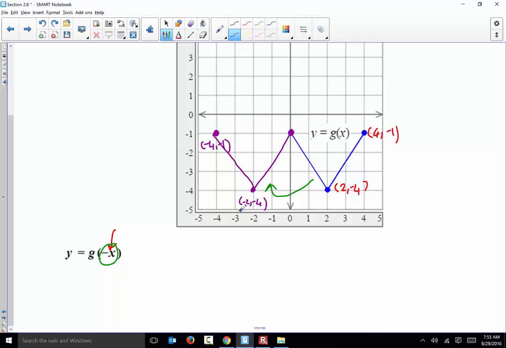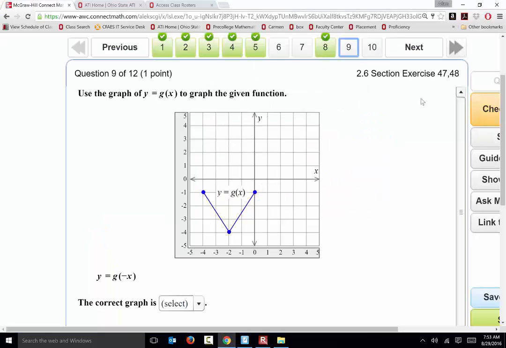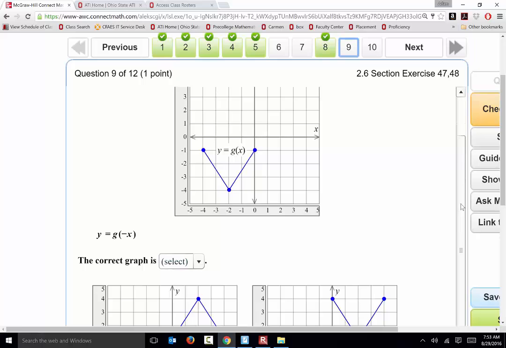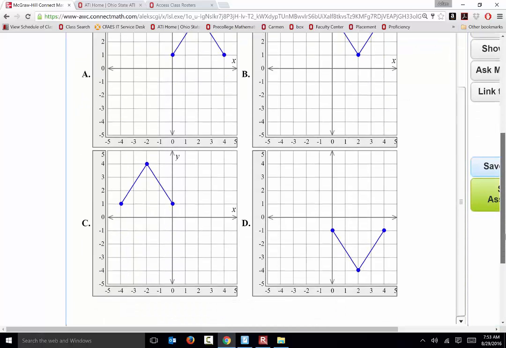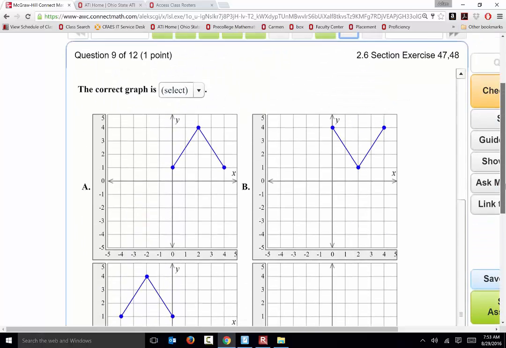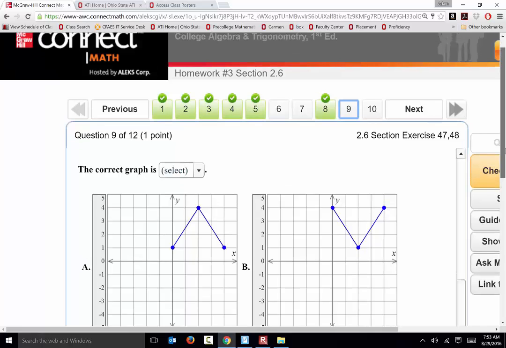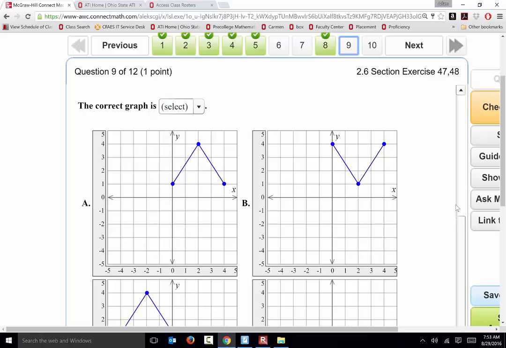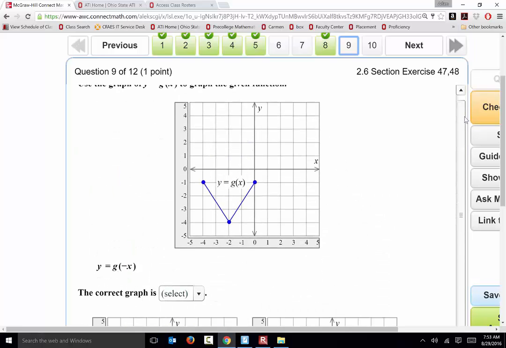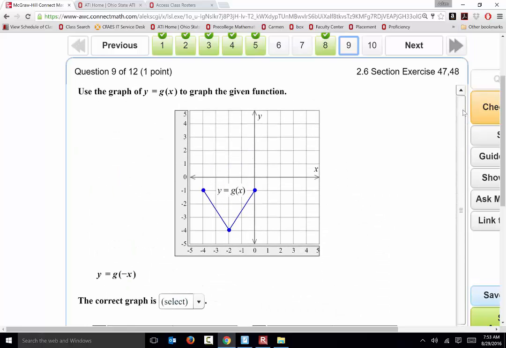We're all done. Let's pick the right choice. Seems like it's D. It's not A, B, or C. Wait. It's none of these. Oh, because this problem is different.